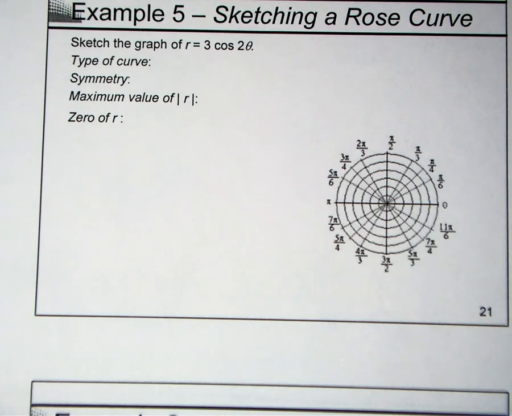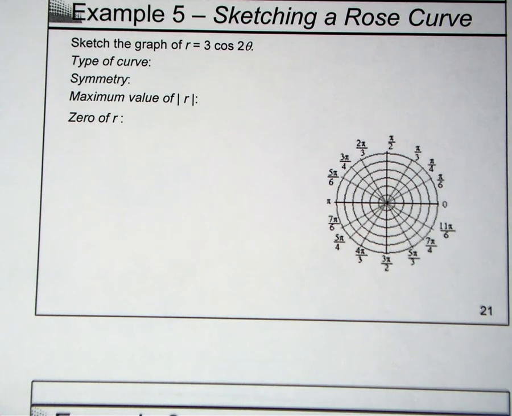Now that I've looked at those, I can do some shortcuts. Three cosine of 2 theta. It's an even multiple of theta, so I know it's going to have 4 petals, and it's going to be symmetric with respect to the x, or the polar axis.